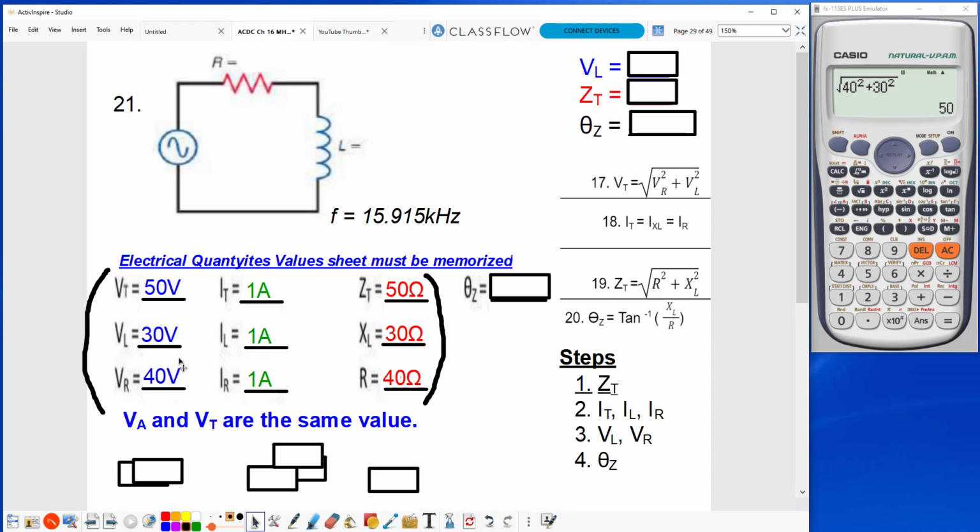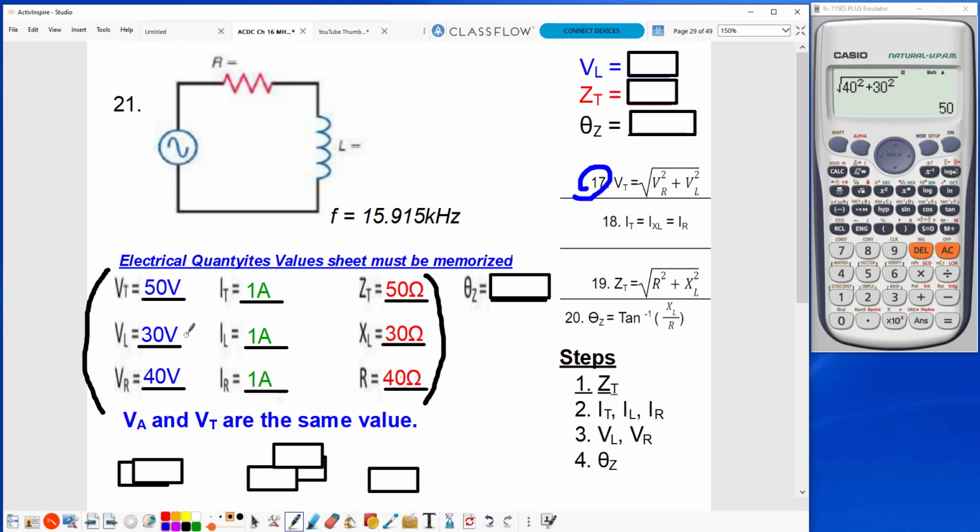Now, you may ask yourself, well, 30 plus 40 is 70. That's not 50. What happened here? Well, if we look at formula number 17, we will realize that you cannot just add them up, because the voltage goes through the inductor and the resistor at a different time, or we call that phase.